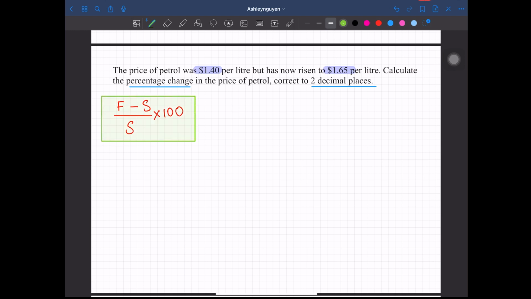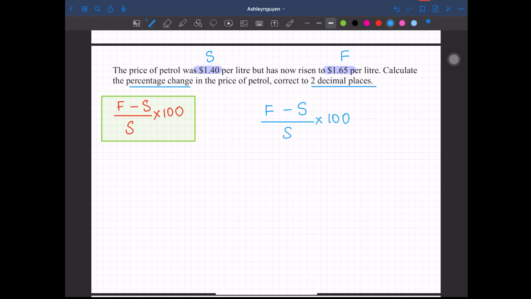Now have a look at the key point here. The petrol price was $1.40. That is the starting value. Now it rises to $1.65. That is the finishing value. So finishing value take away starting value over starting value times by 100.